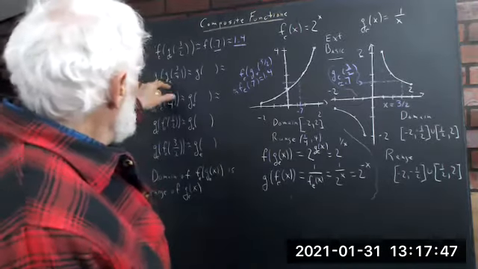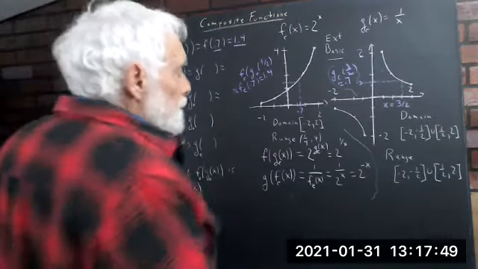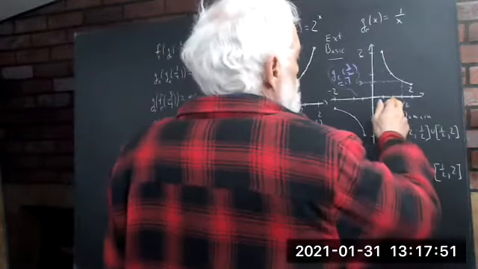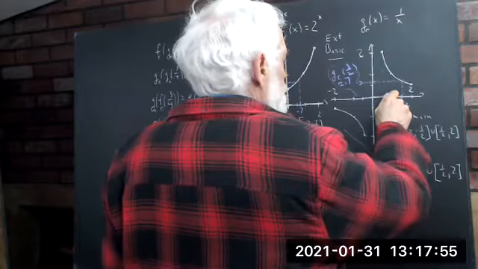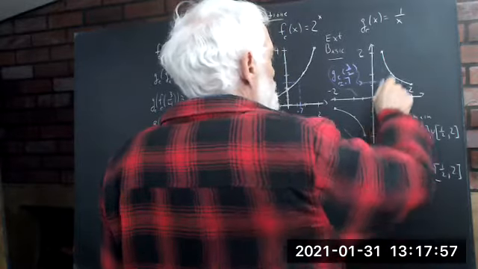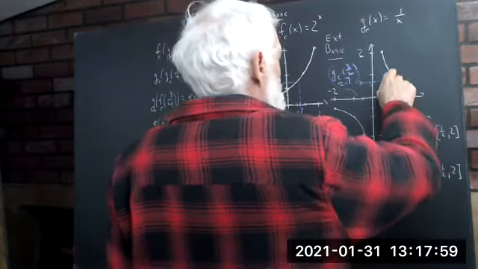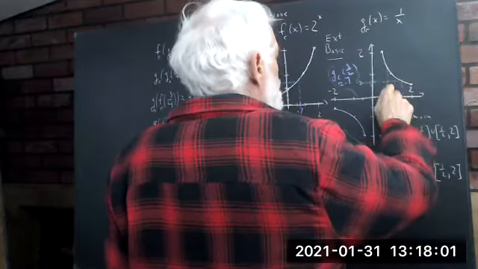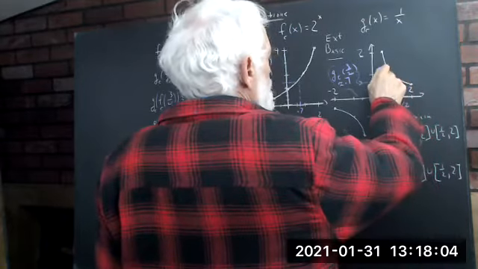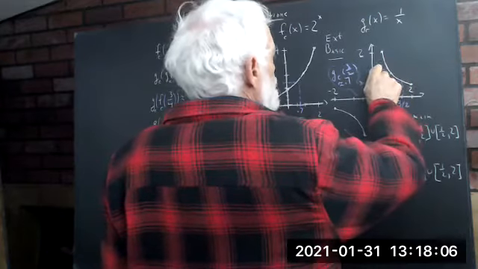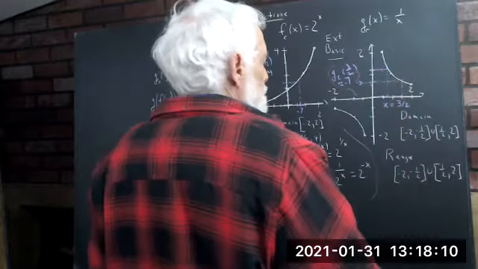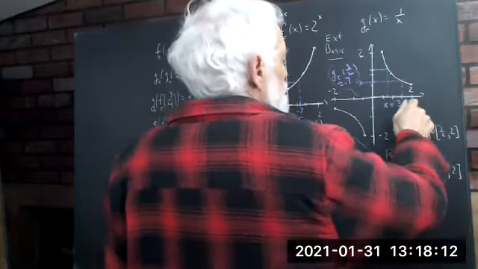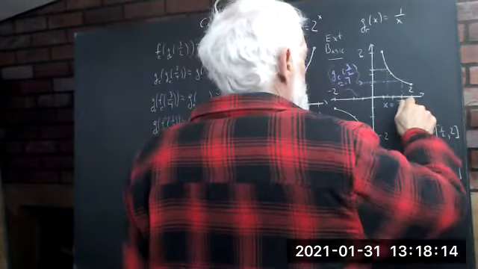Well, g of 3/4 is estimated. Here's 1, 2, here's 1/2. So 3/4 is halfway between here and here. So I can come on up to the graph and then come on over to the y-axis. And I've got this point. Now the x equals 3/2 is here.